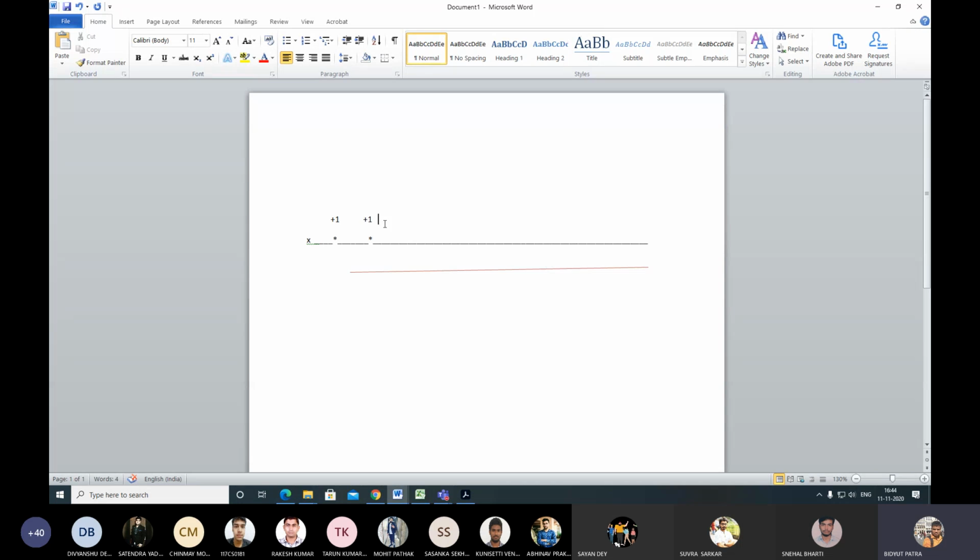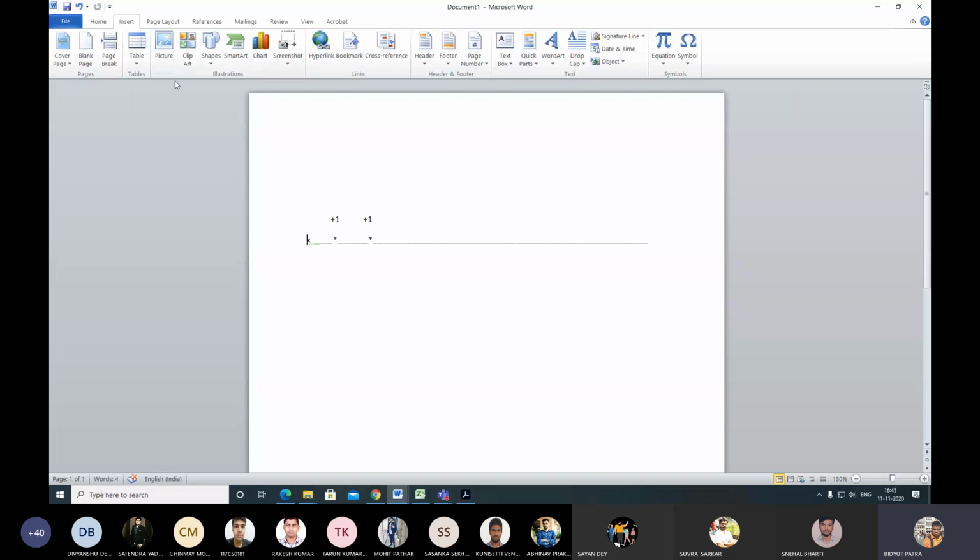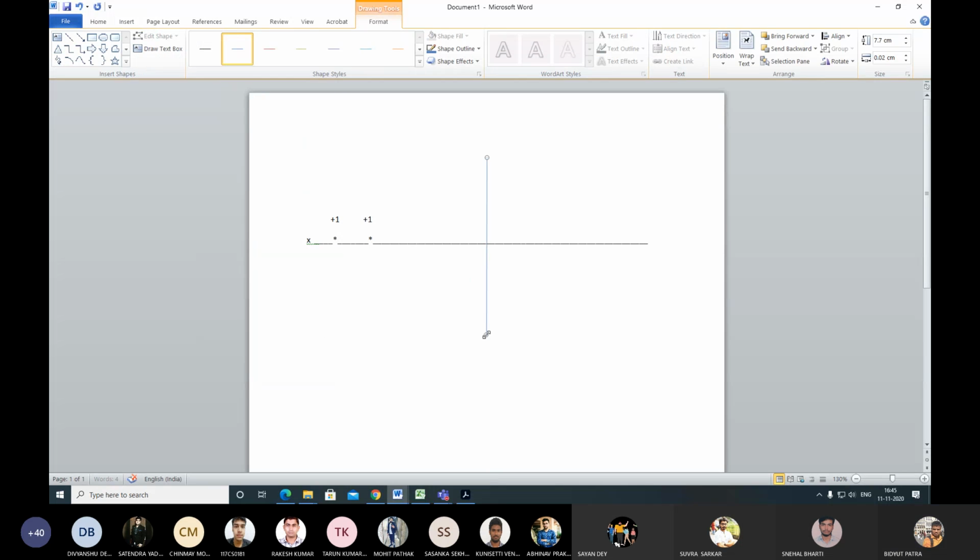Now you have to find a value of x. Essentially you have to find a line here. I will say that the side lesser than this one is the positive class, and the other side is the negative class.